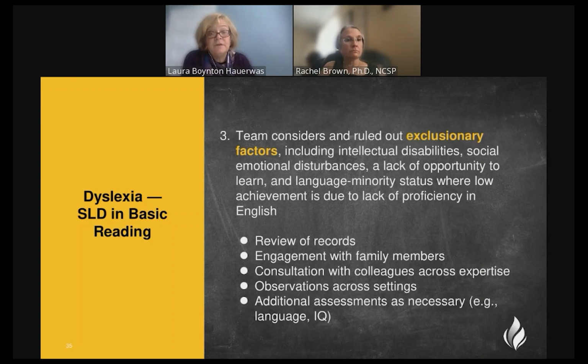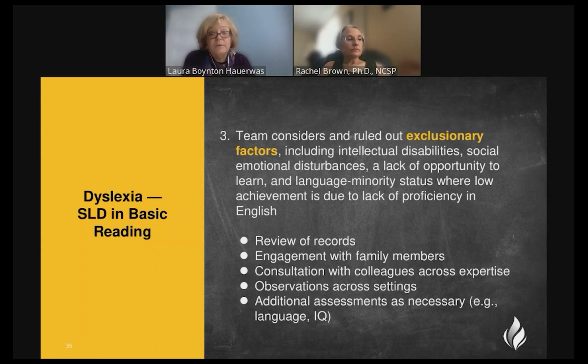Maybe we want to talk to a social worker. Maybe there's other things that are factoring. Perhaps our child is a multilingual learner and we want to know more about what's been going on in their language classes. We're going to do some observations across settings. And we may need to do some additional assessments, but not always.